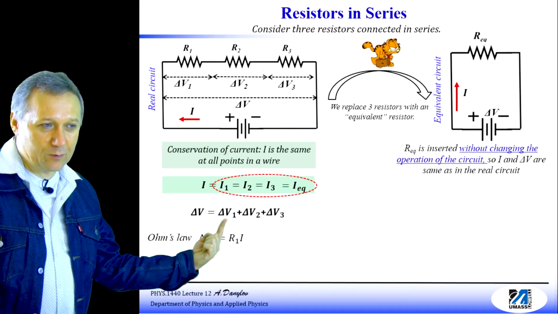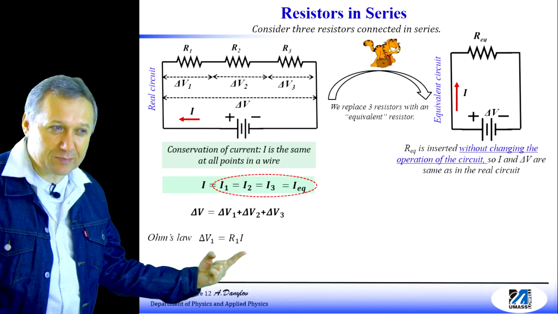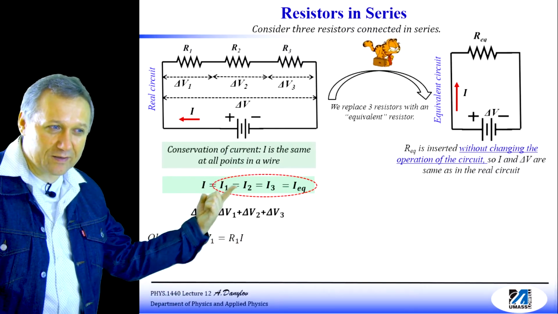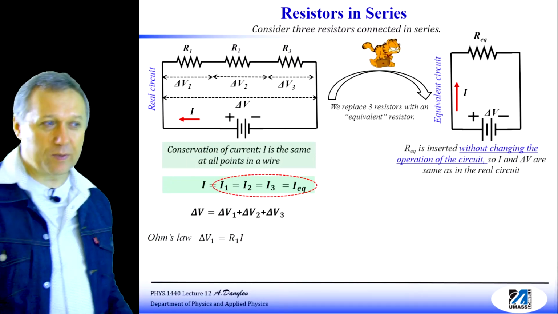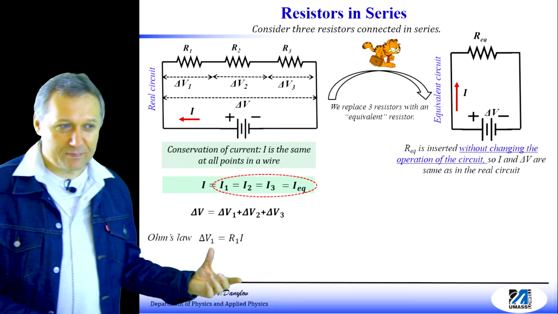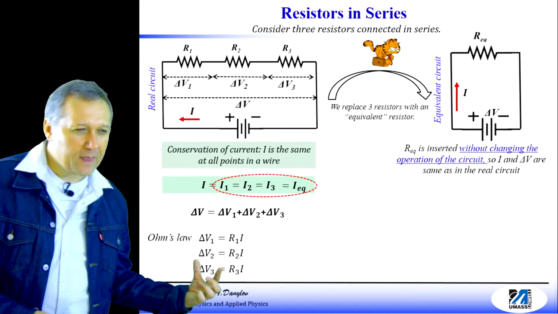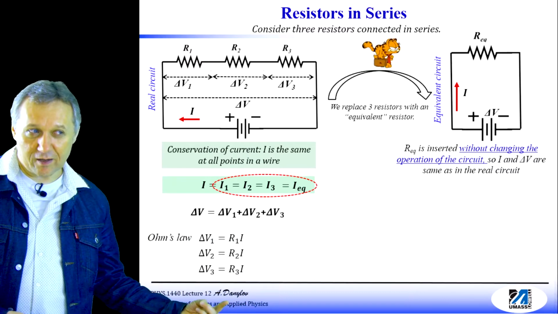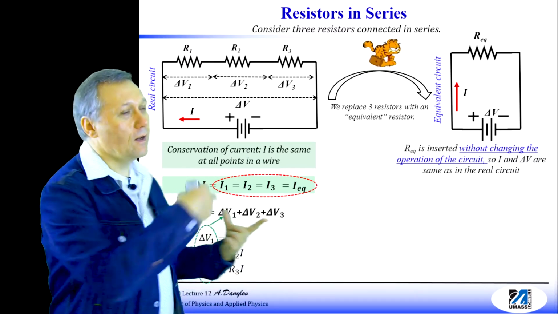So delta V1 will be R1 times I. You see there is no subscript next to I because all these currents are the same, so I drop the subscript immediately. In exactly the same way, I can write delta V2 equals R2 I, and delta V3 equals R3 I. That's what we're going to use on the right-hand side.